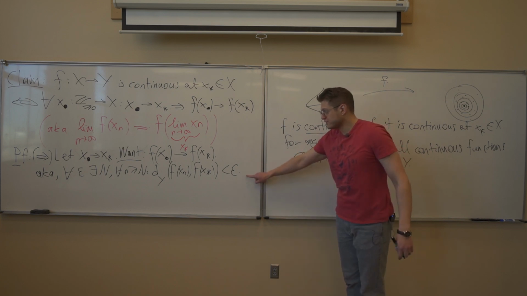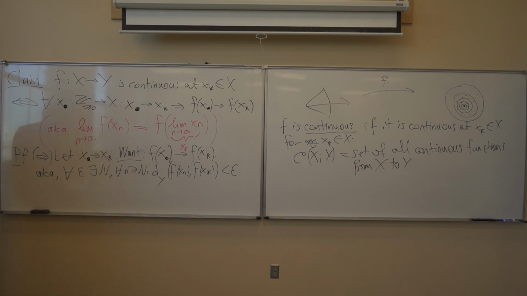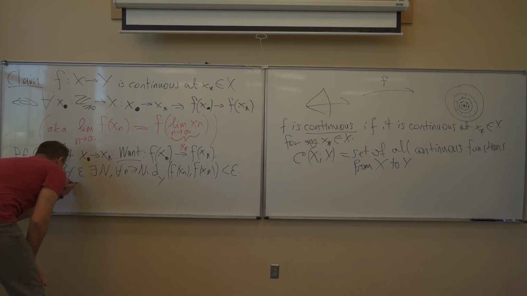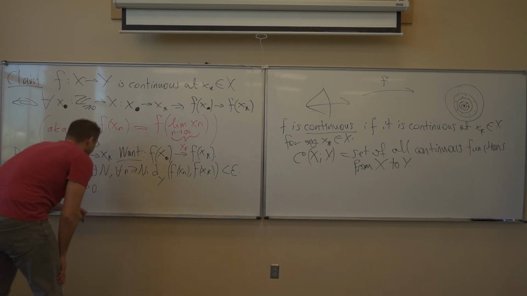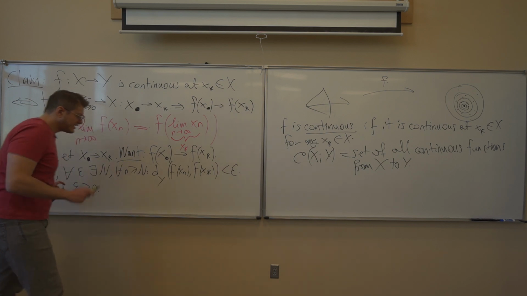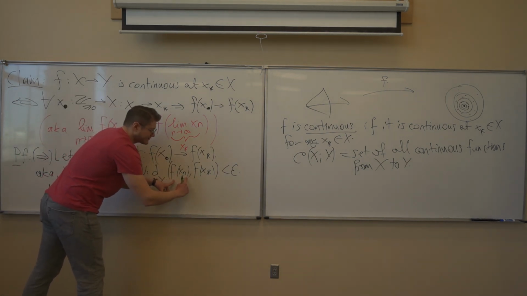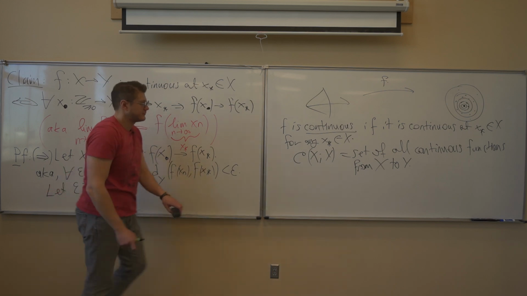Now to verify this, I further take an epsilon, okay? I'm going to take an epsilon. Now I need to find the capital N. I need a capital N such that after this capital N, this f of x sub n is epsilon close to this guy.